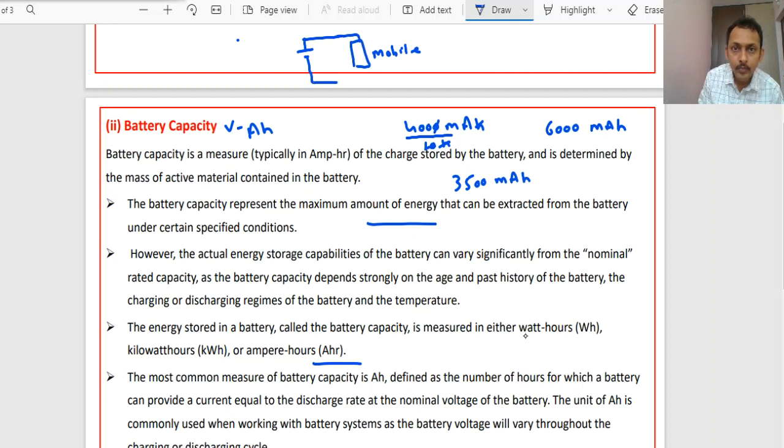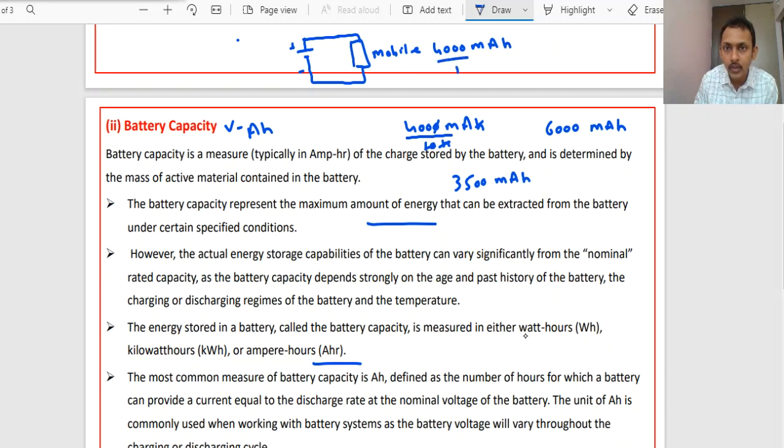Your mobile is having a battery of 4000 mAh, but it is getting operated for every 10 hours, and the battery is getting discharged fully and completely.